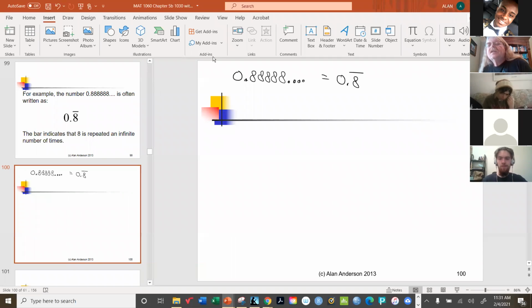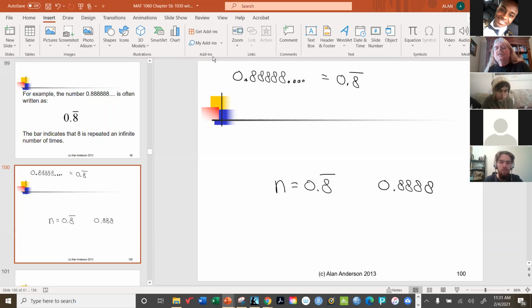In order to prove that this is rational, we need to show a ratio of 2 integers. But how can we do that? All right, here's our clever strategy. Let's let n represent 0.8 bar. Or we can write it like this as well.